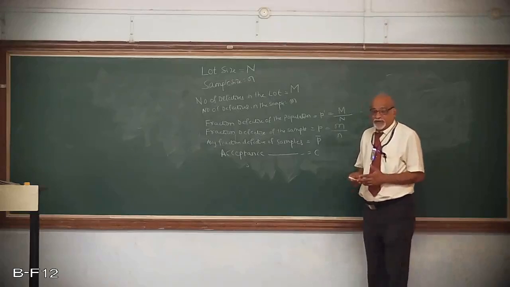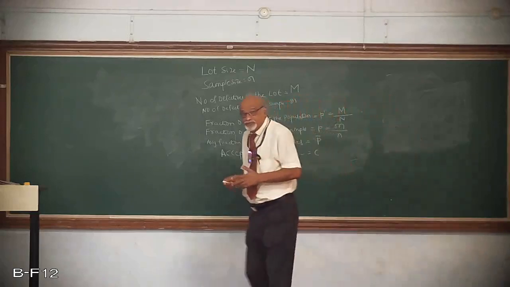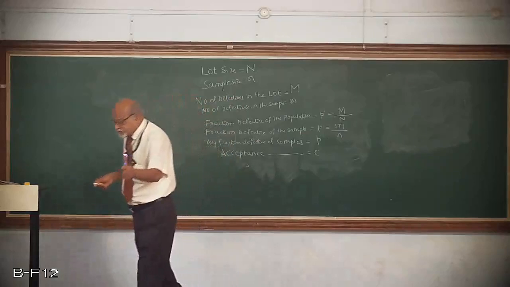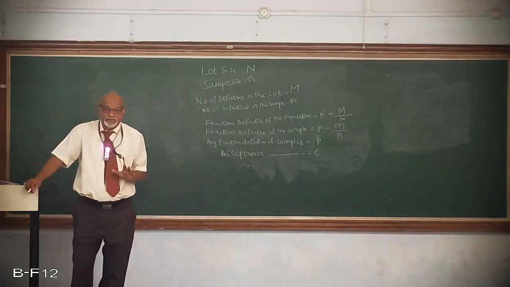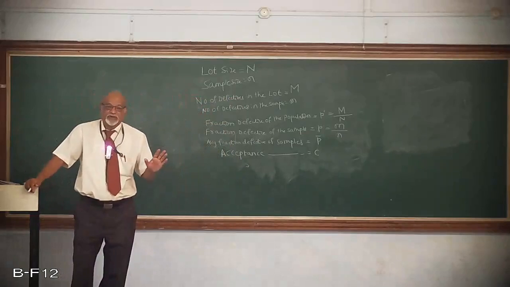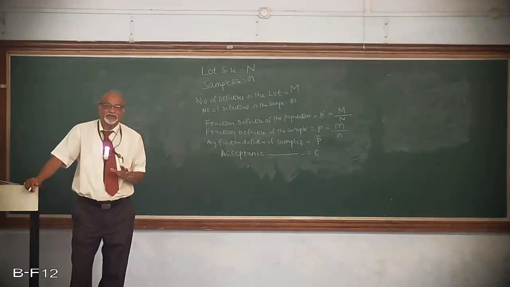Or say, if I decide C is equal to 2, then when I take a sample of 50, it should not contain more than 2 defectives. It may contain 0 defective, yes. It may contain 1 defective, yes. Then also the lot will be accepted. Even if it contains 2 defectives, yes, the lot will be accepted.